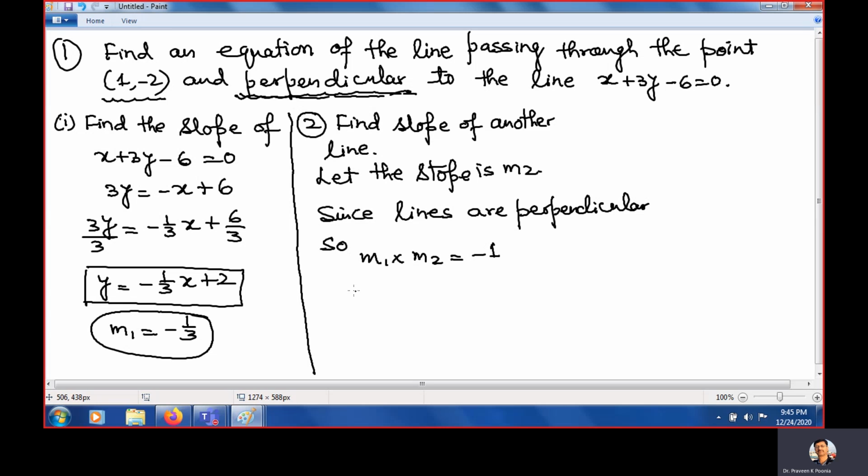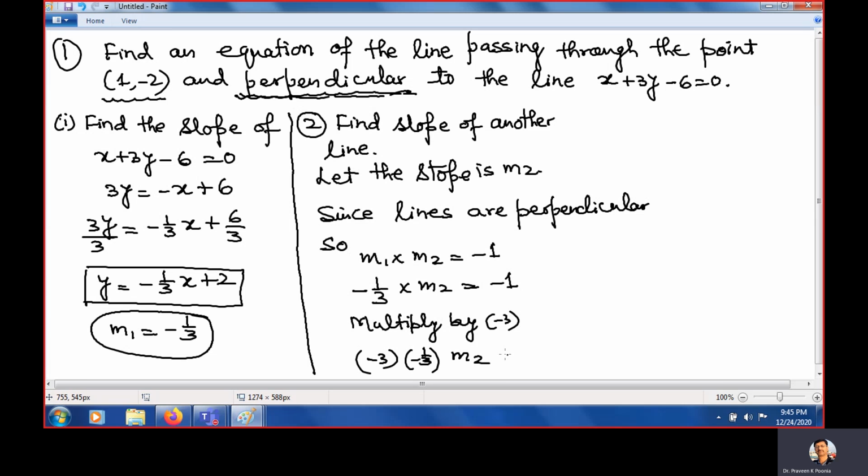Now what is the value of m1? It is minus 1 upon 3 into m2 is equal to minus 1. You can multiply by minus 3 because it is divided. So you need to multiply by minus 3: minus 1 upon 3 m2 is equal to minus 3 into minus 1.